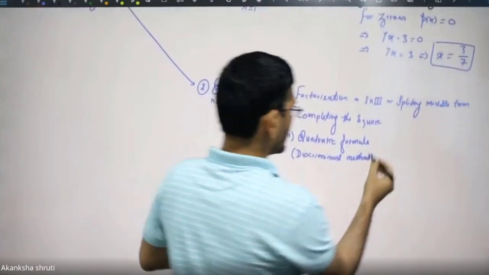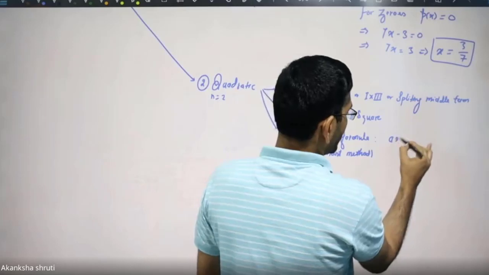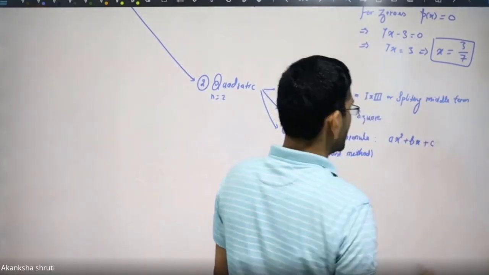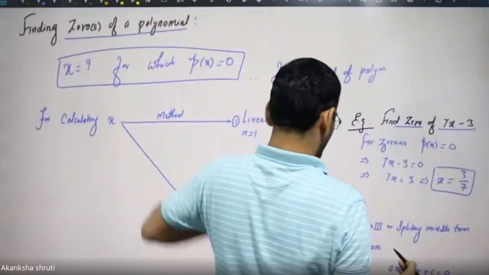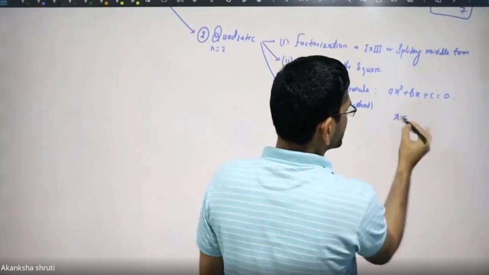Here, this formula is very easy. If you are given ax square plus bx plus c equated to 0, then x can be calculated by substituting in this formula.